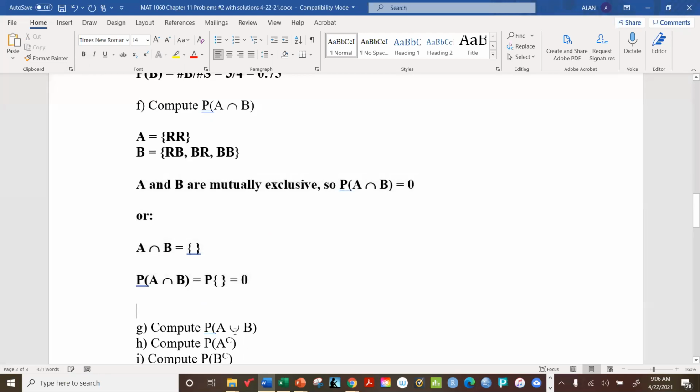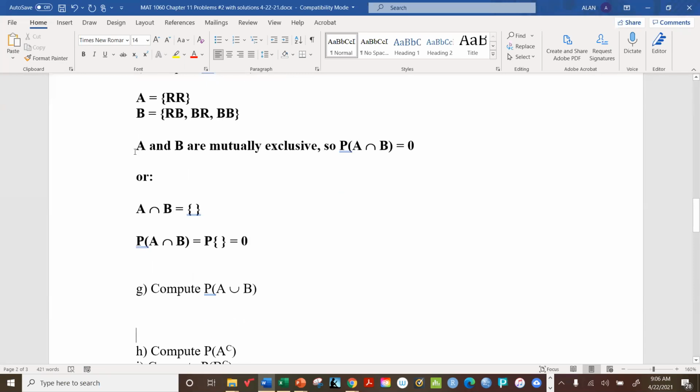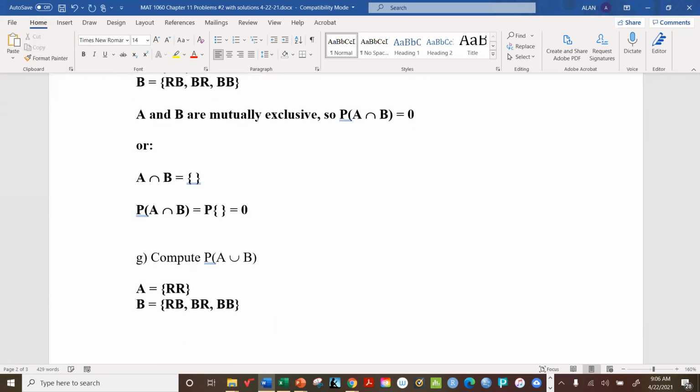Now, the union, on the other hand, is very different because this contains all the elements that are in both sets, or one or the other, I should say, not both. So the union must be the set containing RR, RB, BR, BB.